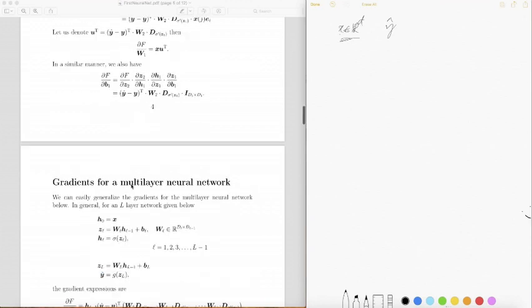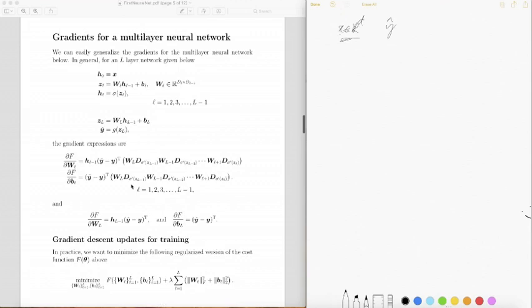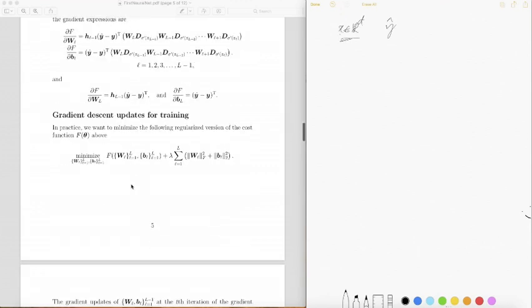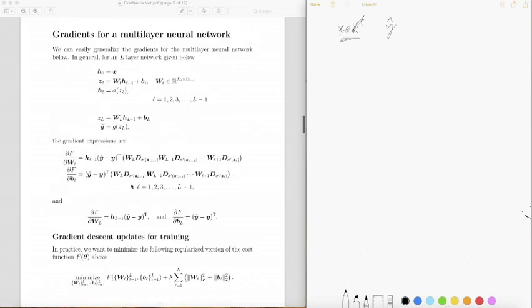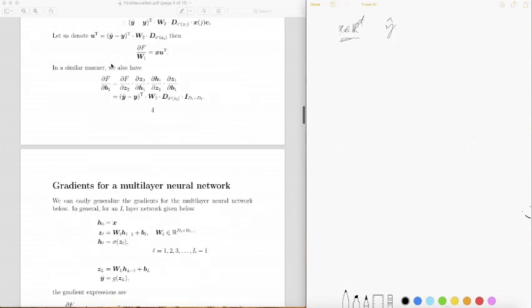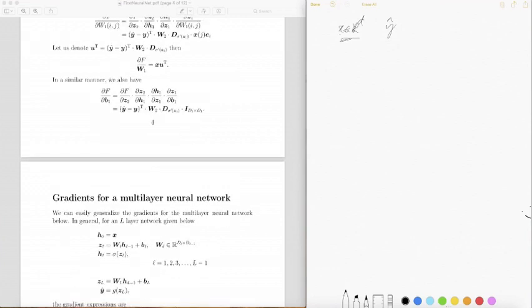Main takeaway message over here was that, in general, for an L layer network, if we generalize all of this, in the two-layer case you had the true label subtracted from the output of the neural network, transposed, multiplied by W2, multiplied by this diagonal matrix, which is just the derivative of the sigmoids, and then this identity.